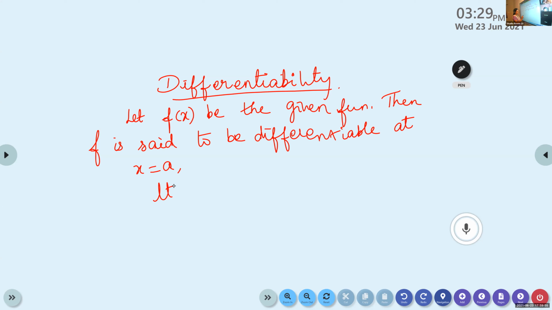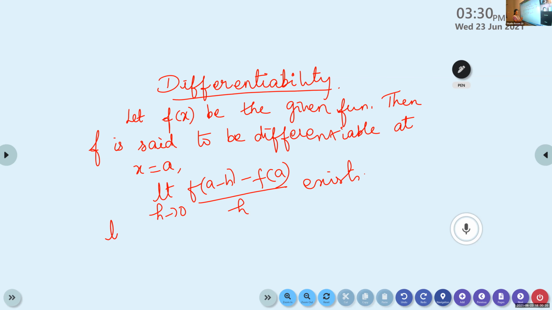limit h tending to 0 of f of a minus h minus f of a by h exists. If this limit exists, limit h tending to 0 of f of a minus h minus f of a by h exists. In other words, we can say this as limit h tending to 0 of f of a minus h minus f of a by minus h.